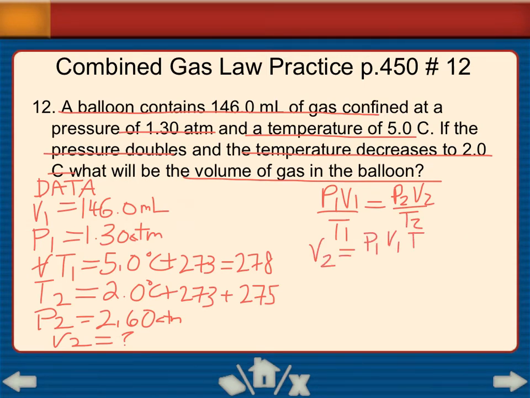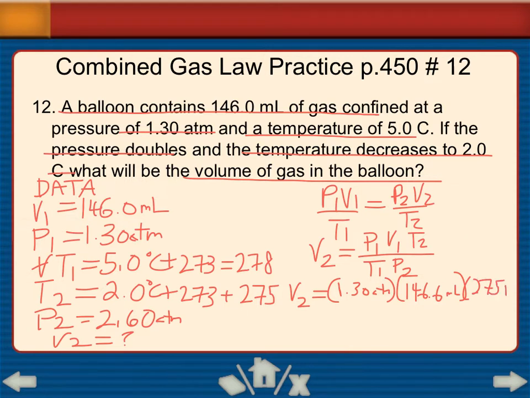So V2 equals P1 V1 over T1 times T2 over P2. Substitute all the data in. Try to substitute in with all the units so that you can do a unit check.